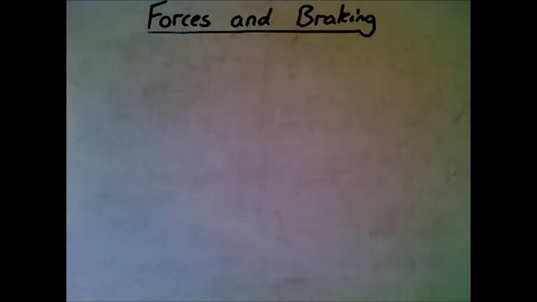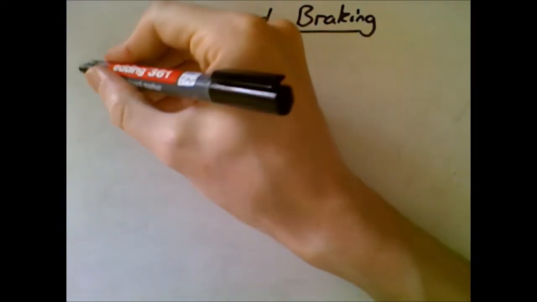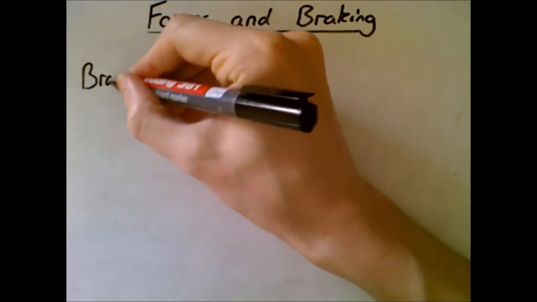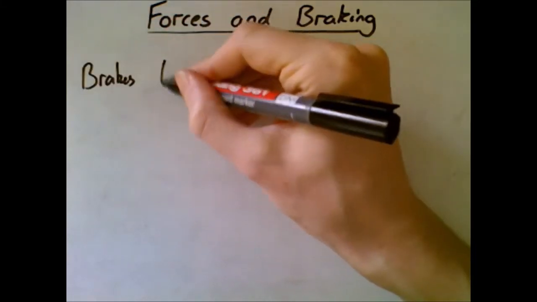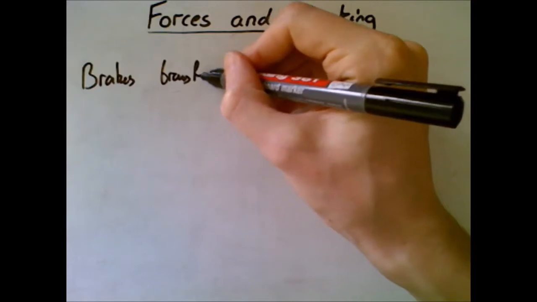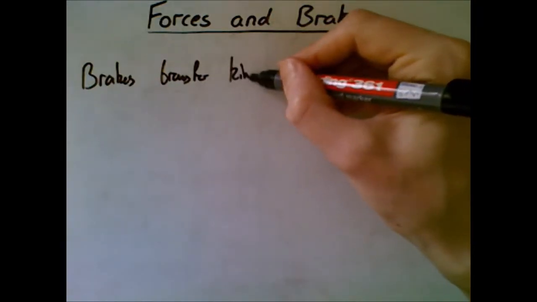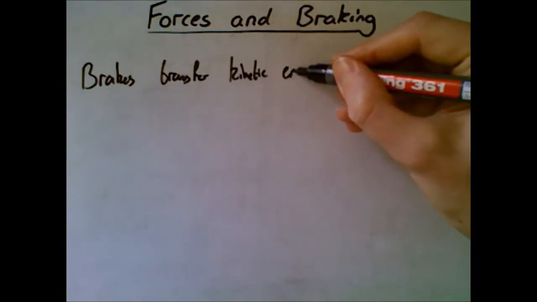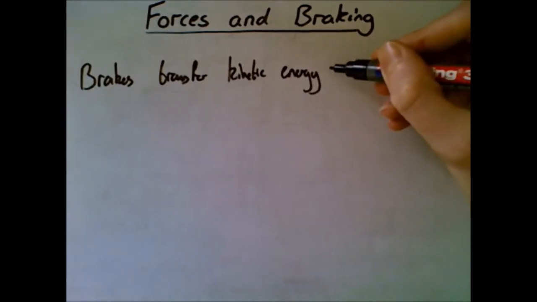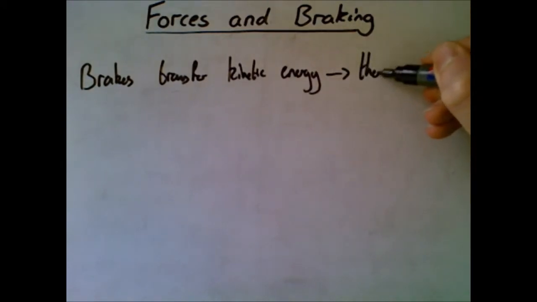situation. So the first thing just to remind yourself of really is, well, how do brakes work? Why do brakes stop vehicles? And the answer is just that brakes transfer kinetic energy into thermal energy.